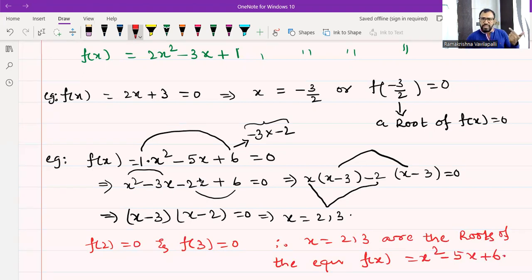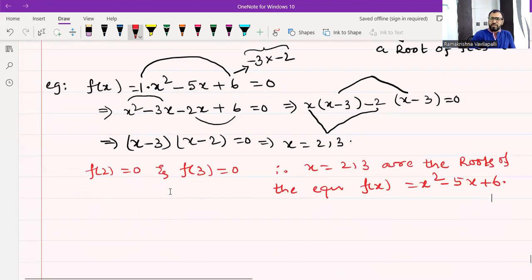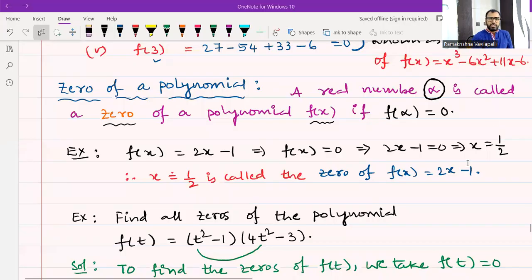So there is a difference between root and zero. The zero term will be used for a polynomial, whereas the root is used for an equation, right? So we will use the word root for an equation, zero for a polynomial. So what is the zero of a polynomial?